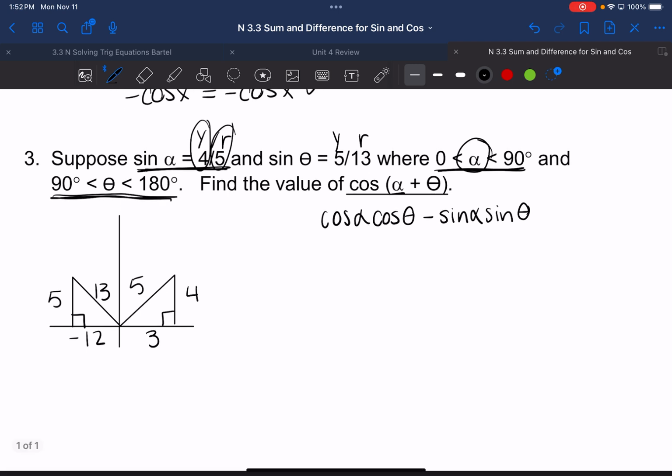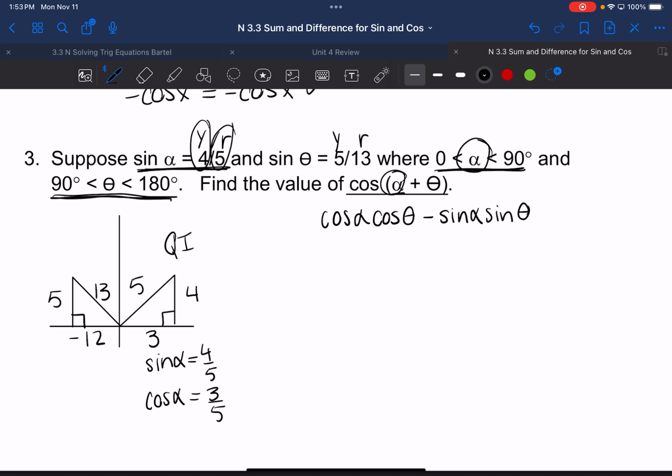Okay, so hopefully we can simplify some of these things. For example, for this one over here in quadrant 1, we were told that sine of alpha was 4 over 5, right? But once we found the missing x value, you guys should also now be able to tell me what cosine of alpha would be, right? What would cosine of alpha be? 3 over 5.